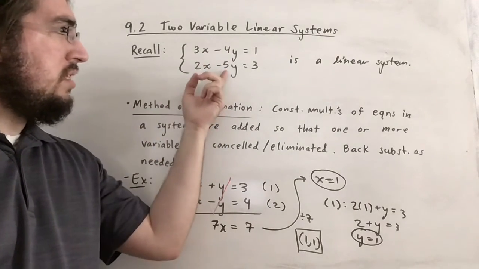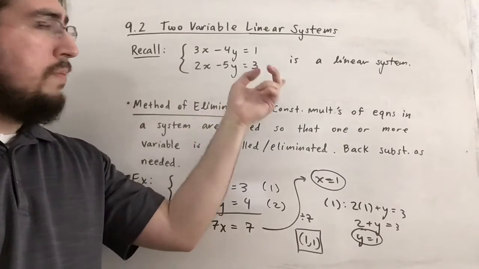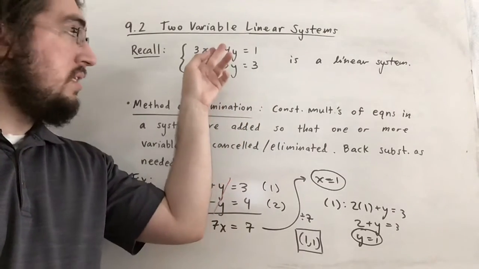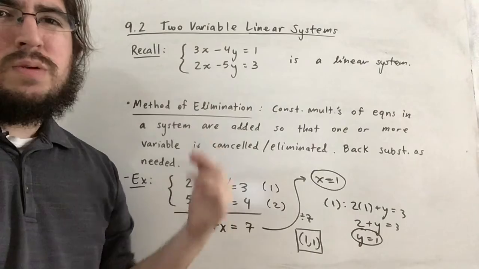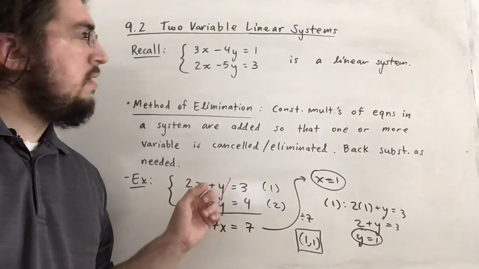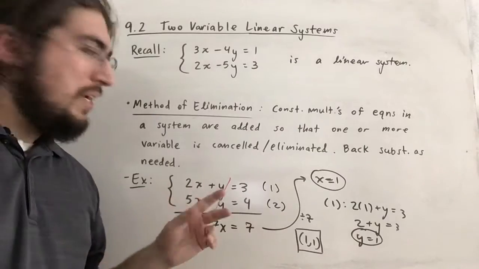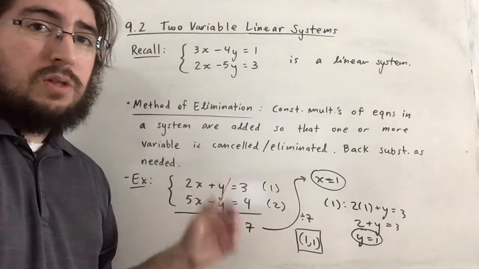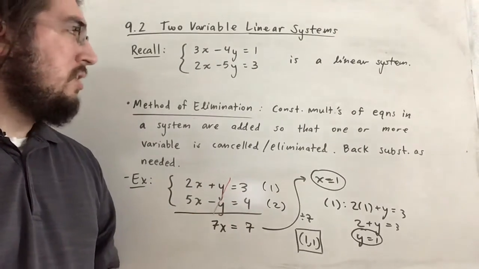For instance, if this was a 2y, then multiplying the bottom by 2 would match up with this 4y. But then the signs wouldn't be the same. So you have to make sure that the signs are opposite so that when you add together, they cancel out. So you have to be a little careful.